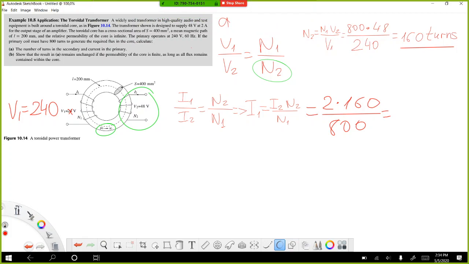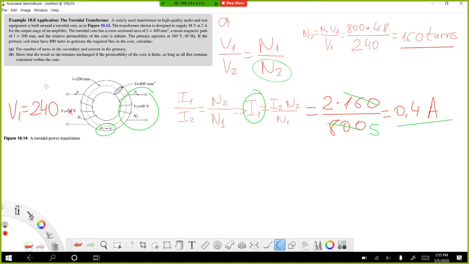What we have here, this and this simplifies by 5, and 2 over 5 gives us 0.4 ampere. Okay, we found I1, which is 0.4 ampere.